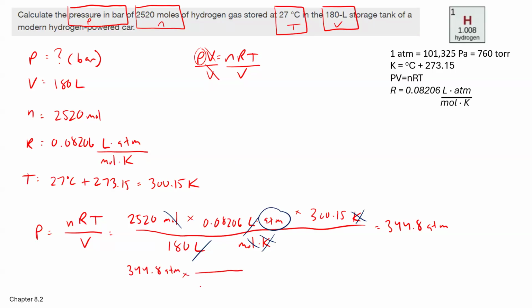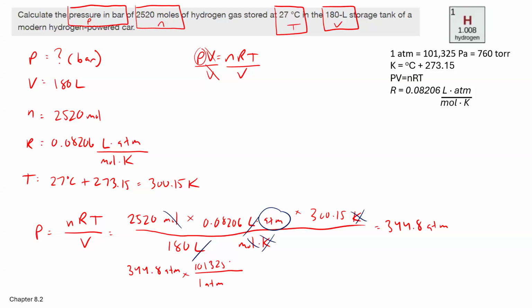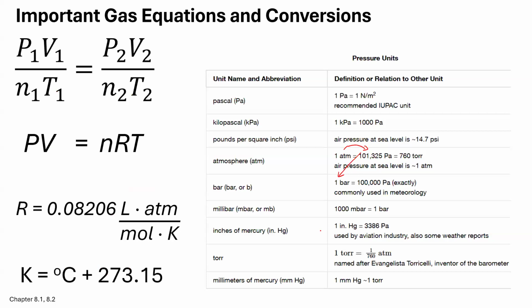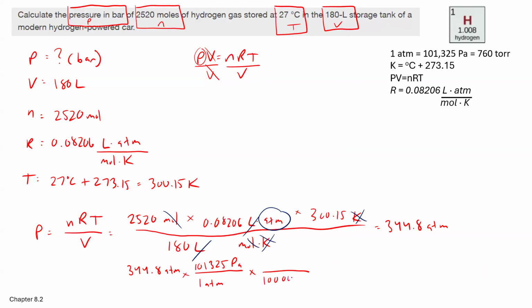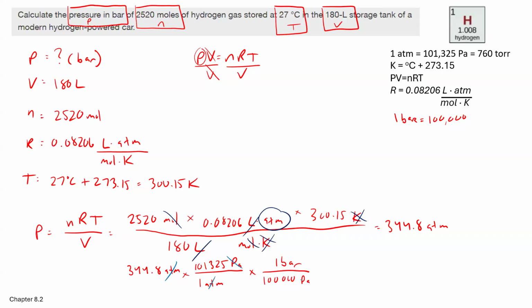We need ATM on the bottom, so it's 1 ATM equals 101,325 pascals. Then we have 100,000 pascals equals 1 bar. All right, so then let's do the canceling thing. ATM, ATM, pascals, pascals, we have bar.